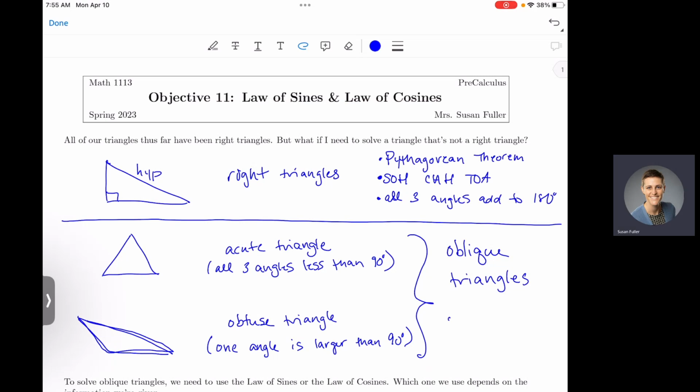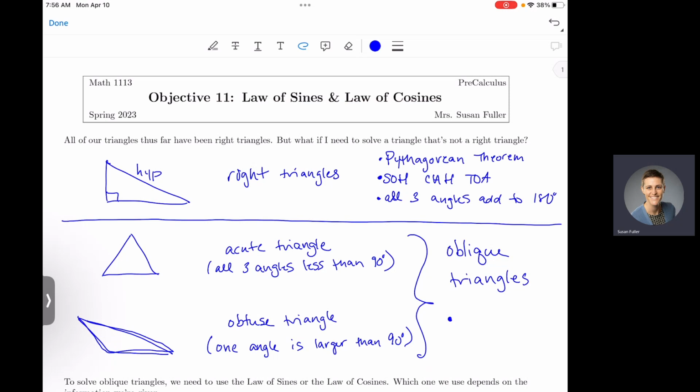And what tools will we have at our disposal with oblique triangles? Will we have the Pythagorean theorem? Well, no, we don't have a hypotenuse. The Pythagorean theorem's not going to apply here. How about SOHCAHTOA? No, we need a hypotenuse. We need a right angle for that as well. Standard trig functions will not apply to these oblique triangles.